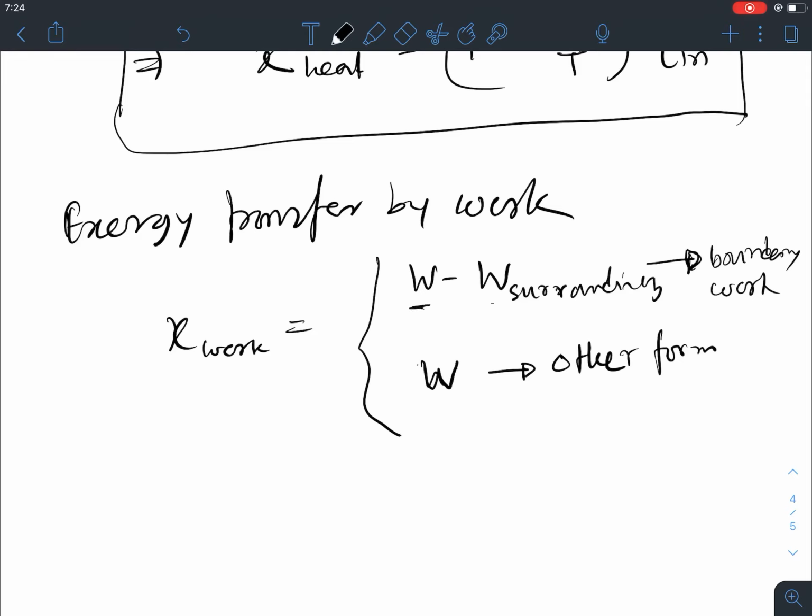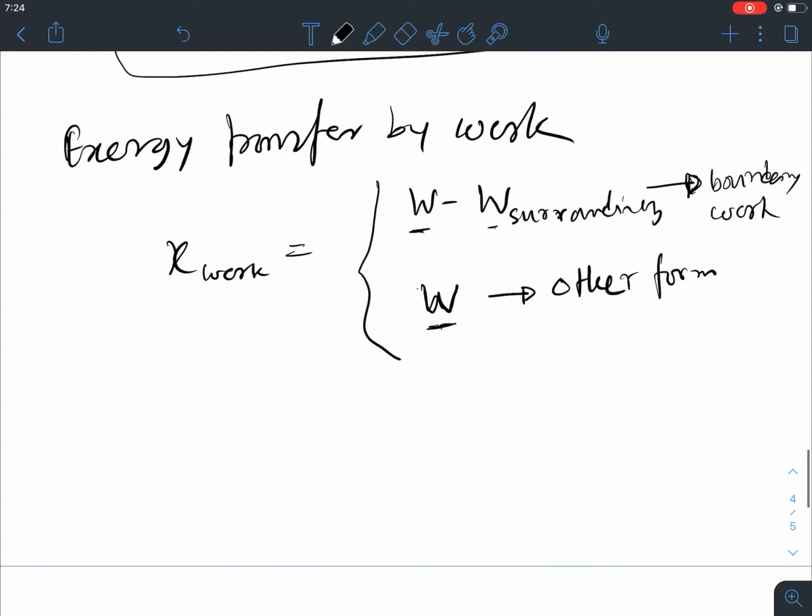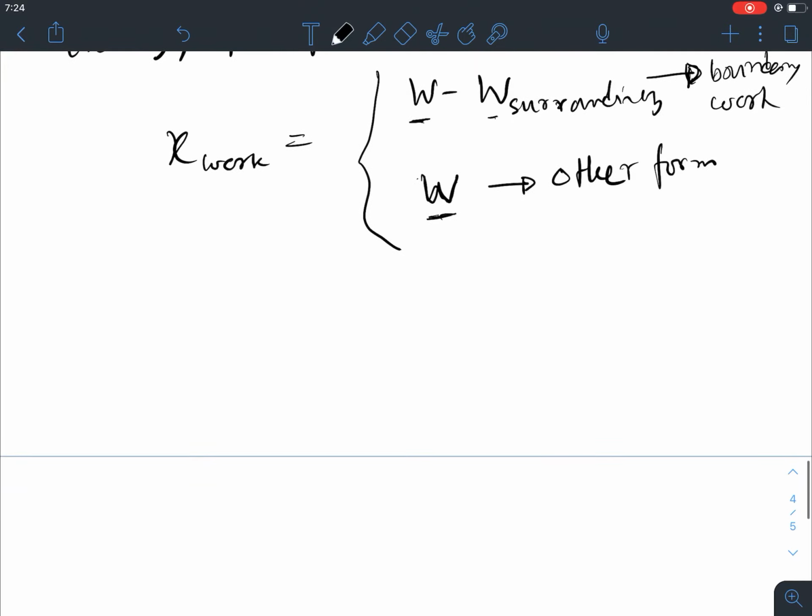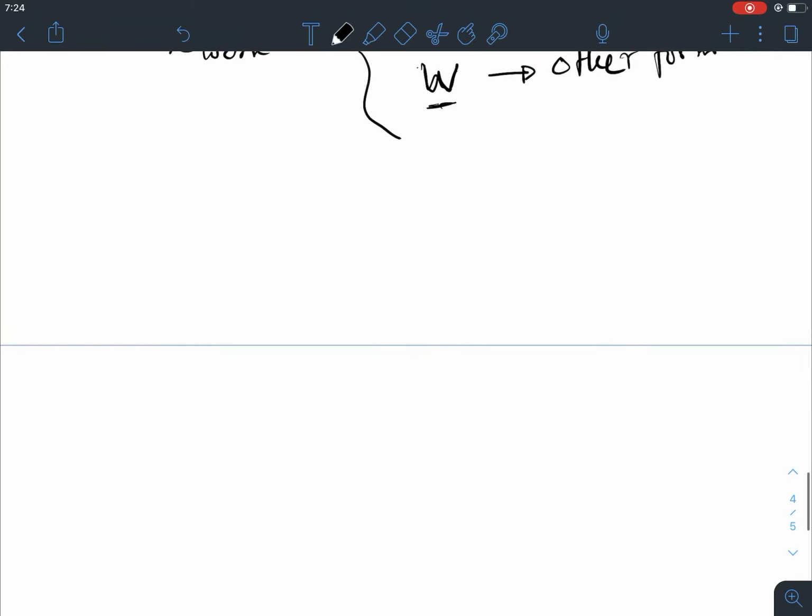Exergy transfer by work: work without the boundary minus work with the boundary becomes the useful work, which is exergy. However, if we don't have any boundary, then the useful work will be directly used for exergy, which equals X work, right? So now we saw the exergy change due to heat and due to work, and we will solve some problems based on this topic.